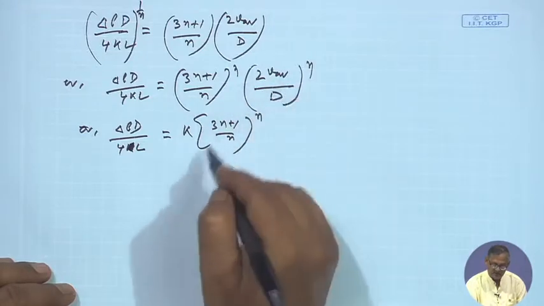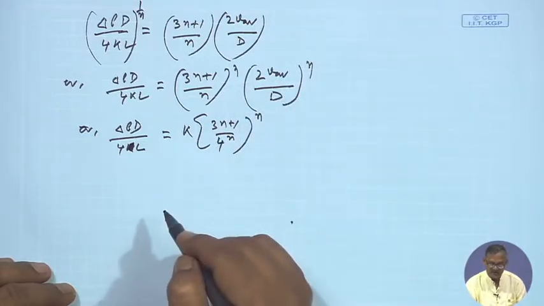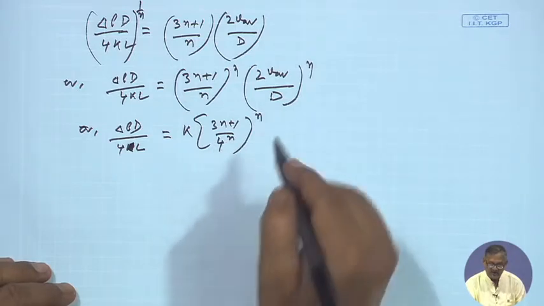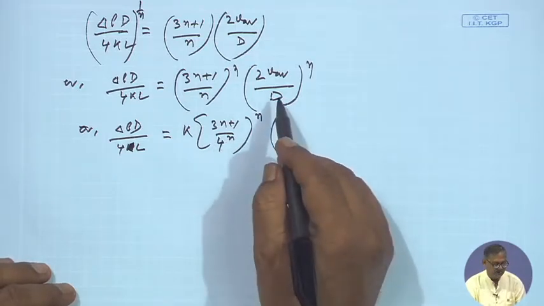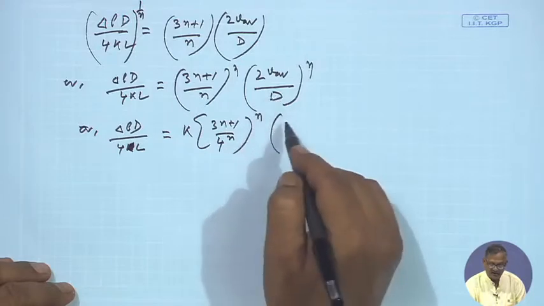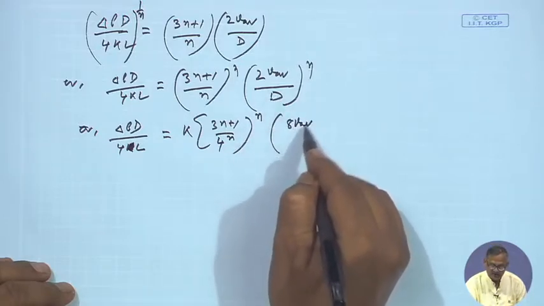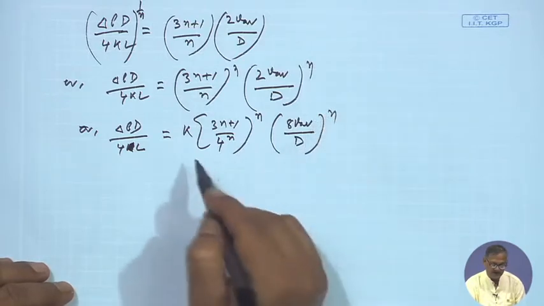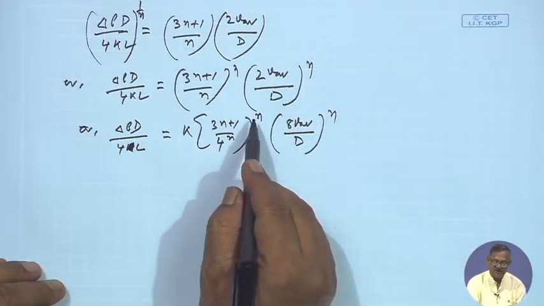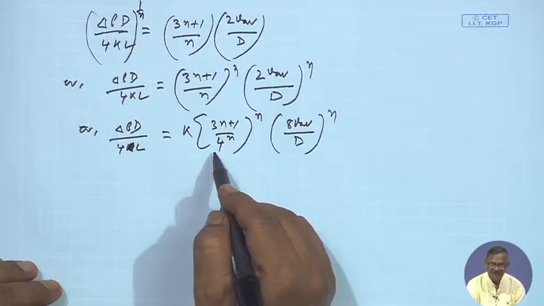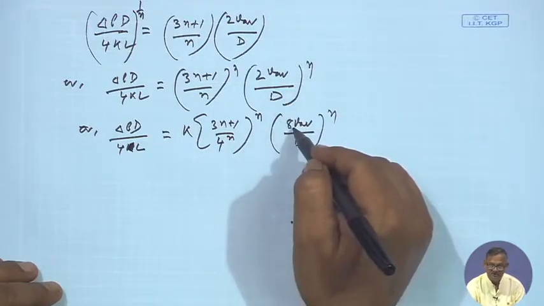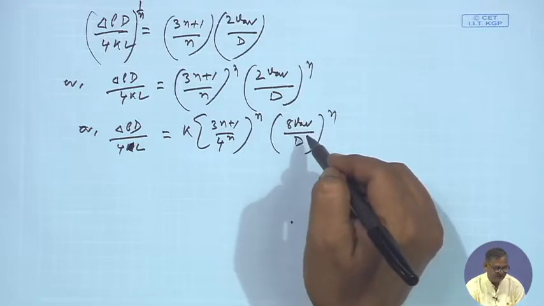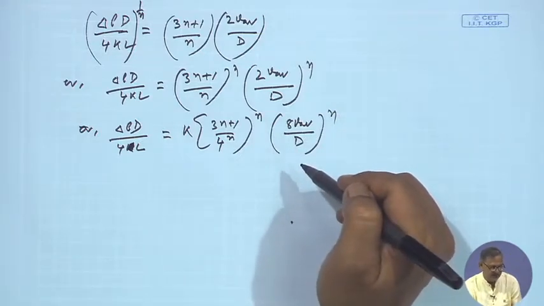If we write like this 4 n, we can write 3 n plus 1 by 4 n. So here we can write 8 V average divided by d to the power n, because this 4 to the power n we have put in the denominator, so we have put it here in the numerator. So 2 into 4, 8 V average by d, right.